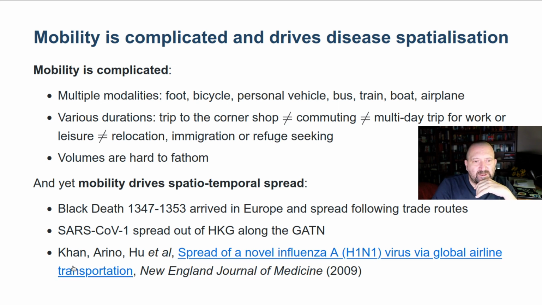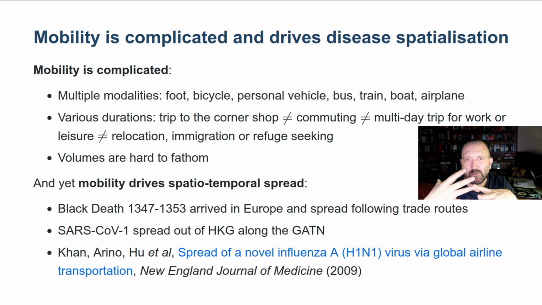This is work that I did with some collaborators looking at the H1N1 pandemic, and how it was projecting internationally from the source, which at the time was Mexico. It was possible to see that this propagation was to a very large extent driven by the air transportation network.